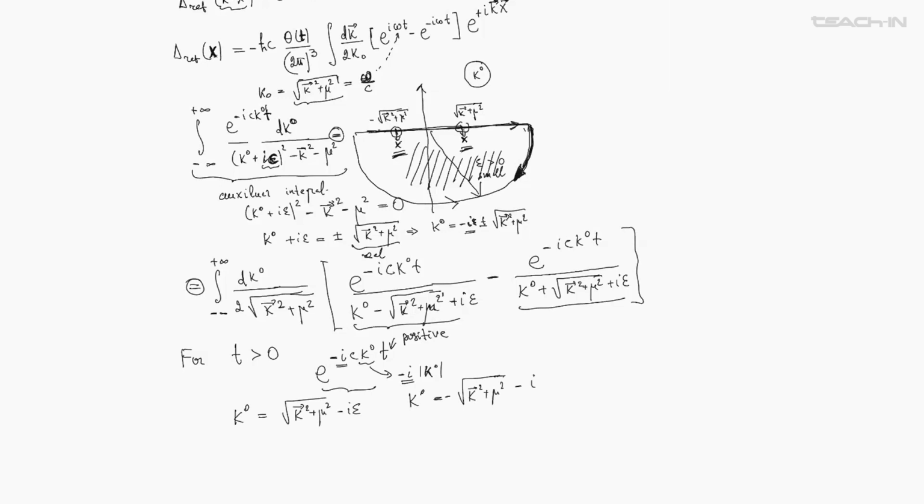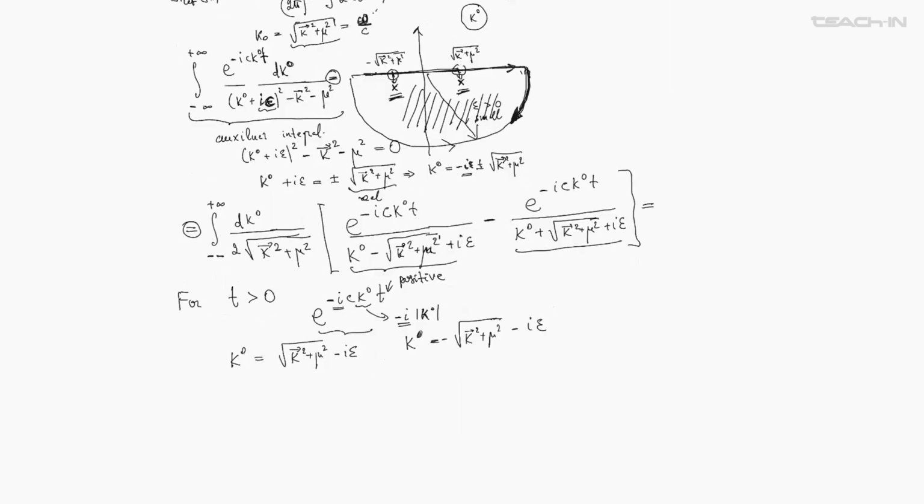So therefore, by Cauchy's theorem, if you allow me to compute it here, I will get 2 pi i divided by 2 square root of k squared plus mu squared.